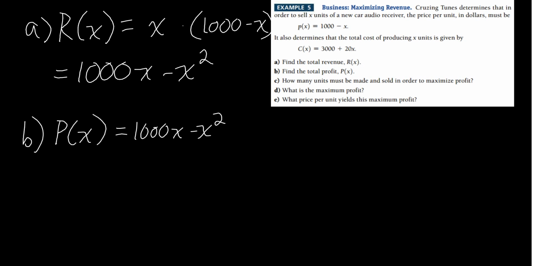So let's move my revenue minus my cost, and my cost is told to us here, which is 3,000 plus 20 times x. So minus, and then we're going to put it in parentheses just so we don't mix up our negative signs.